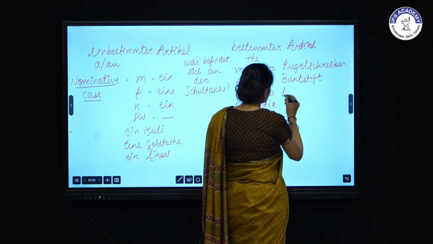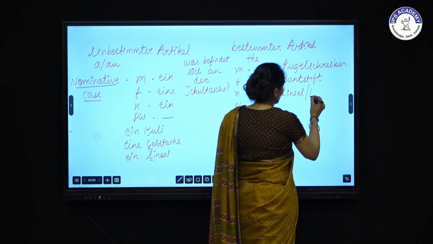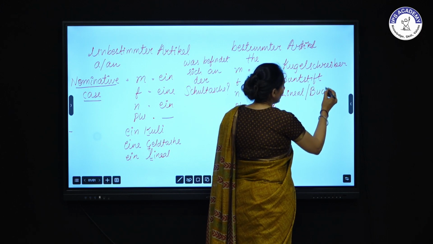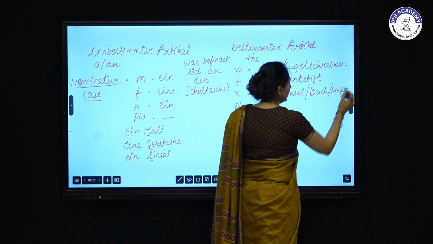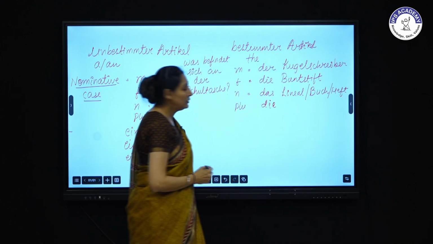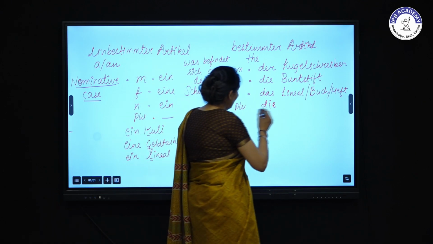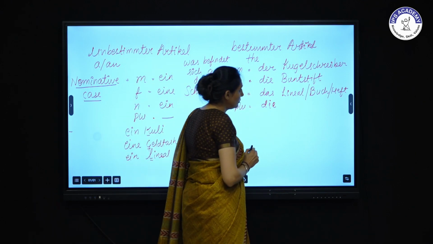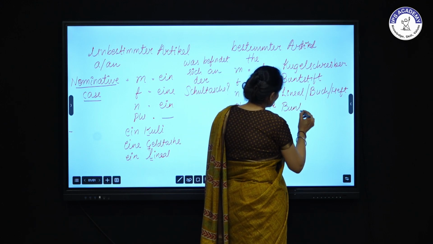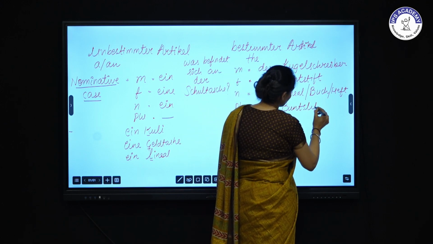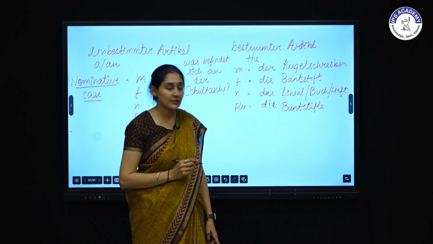We have das Lineal, or we can also take das Buch. We can also take das Heft, that is a notebook. These are all the things that we have in our Schultasche. And for the die, in the plural form, we can take the Buntstifte, that is color pens or color pencils.